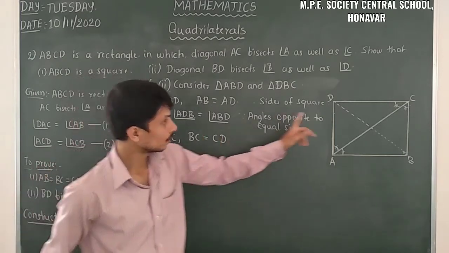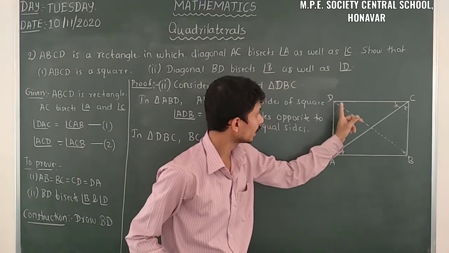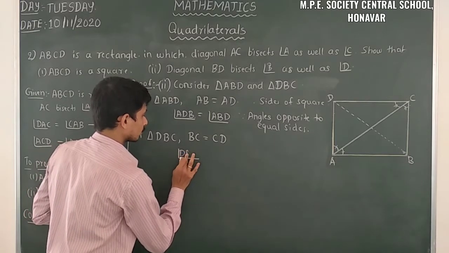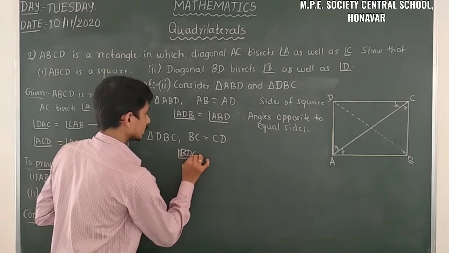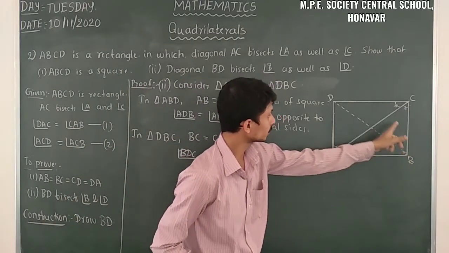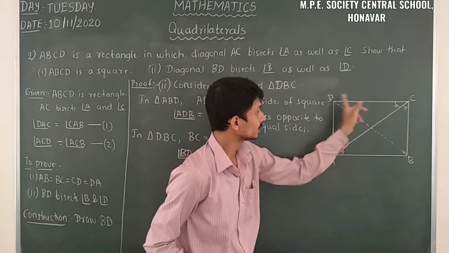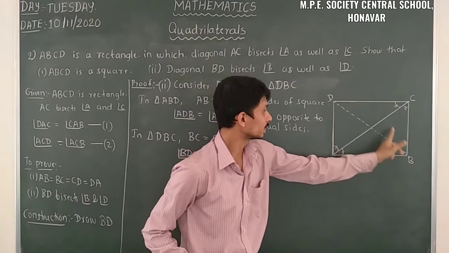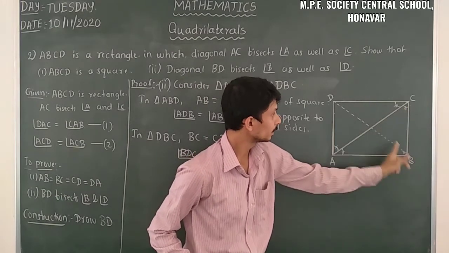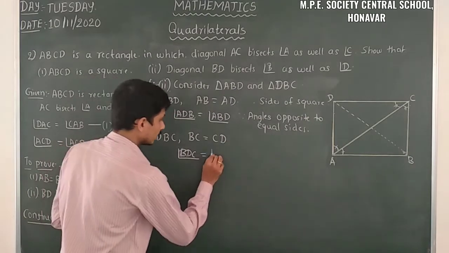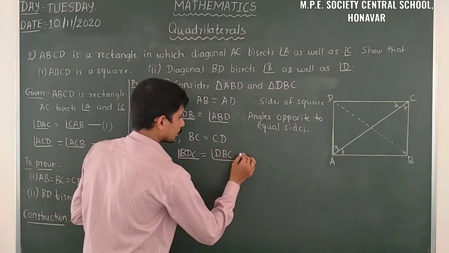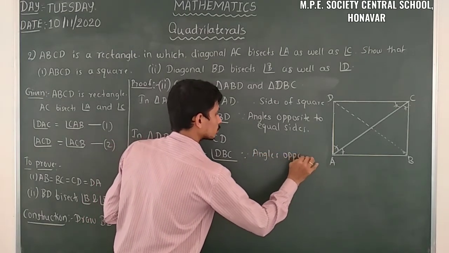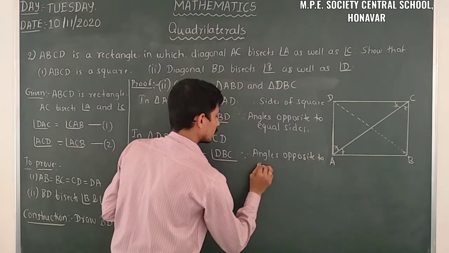From BC we have angle BDC, and from CD the opposite angle is angle CBD or DBC, because angles opposite to equal sides are equal.